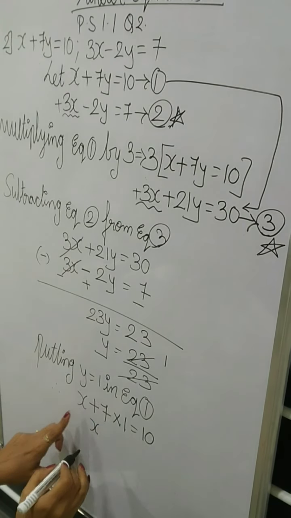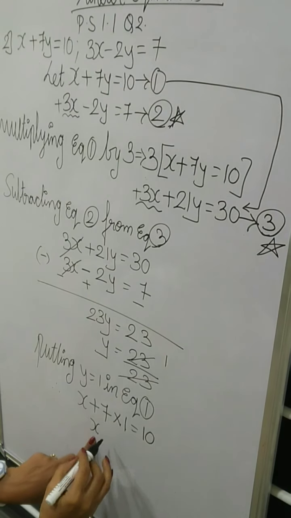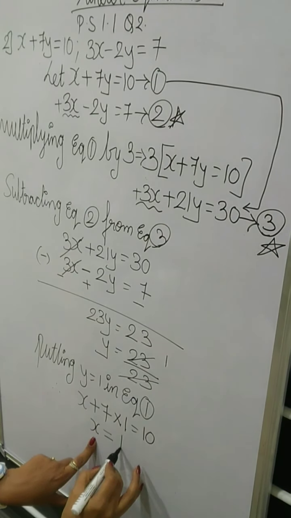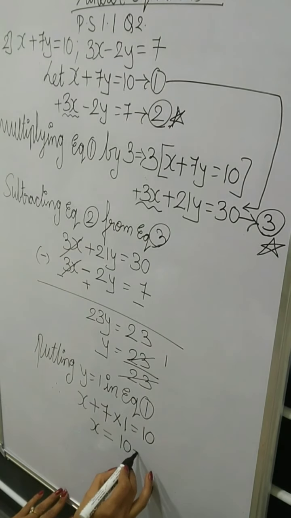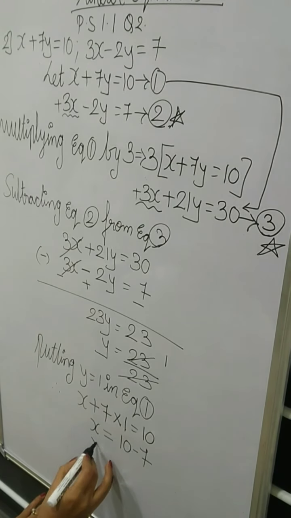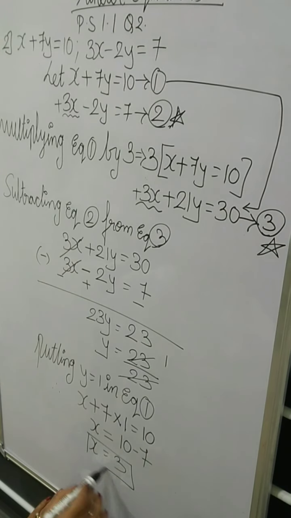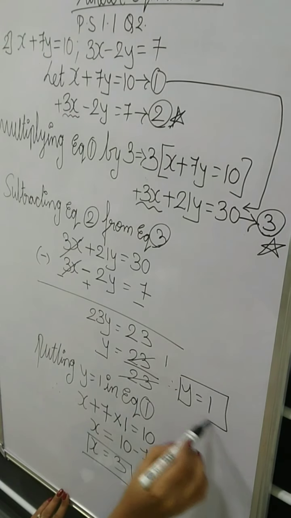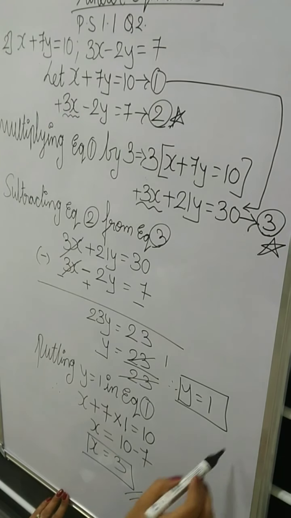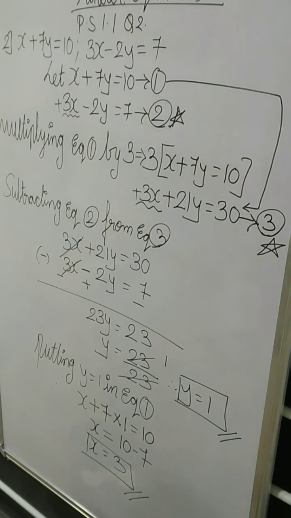So x, as I told you earlier, will remain as it is over here, and 10 remains as it is. Group numbers with numbers. So x is equal to 10 minus 7. x is equal to 3. That's the value of x. And here we have got the value of y as 1. That's our solution. So that's easy.